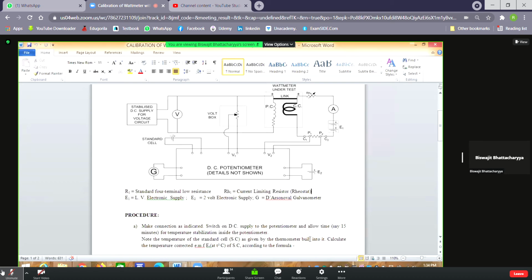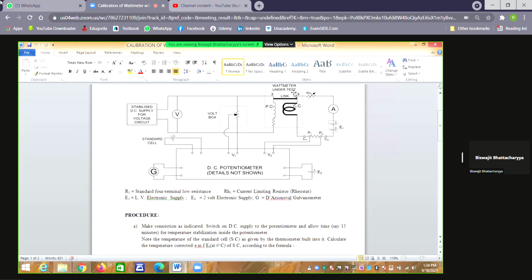This voltage difference will establish some capacitive coupling between the pressure coil and the current coil, and some electrostatic force will come due to the potential difference. The pressure coil is at hundreds of volts and the current coil is at a very small voltage, so there is a large potential difference between them, and some electrostatic force will come between the pressure coil and the current coil.